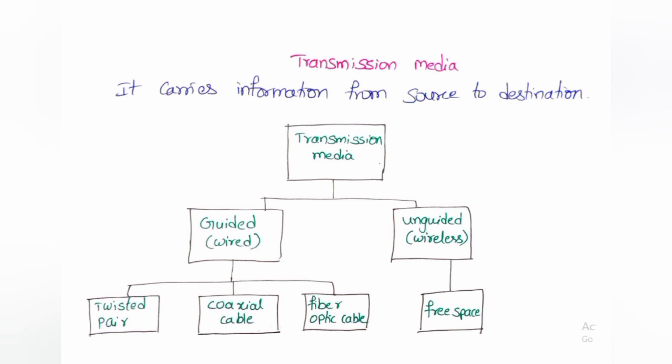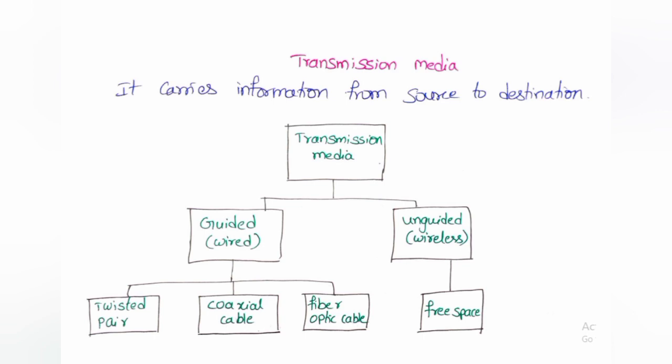And for wired communication, if you consider a written message, the transmission medium might be a mail carrier, a truck or an aeroplane. If you are writing a mail or letter, then it will be transferred from one location to another using an airplane, truck or any vehicle, right?